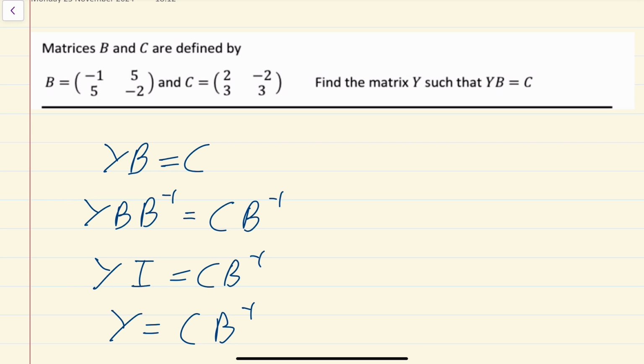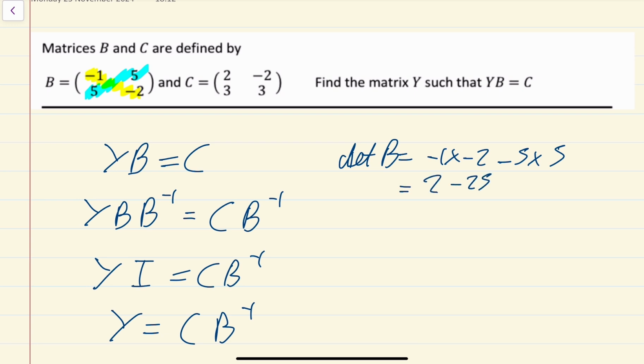Now we're going to look at how we find the inverse of B. First of all, the determinant of B is equal to minus 1 times minus 2 minus 5 times 5. What I've done there is the product of your leading diagonal minus the product of the other diagonal. So minus 1 times minus 2 is 2, minus 25, that's minus 23.